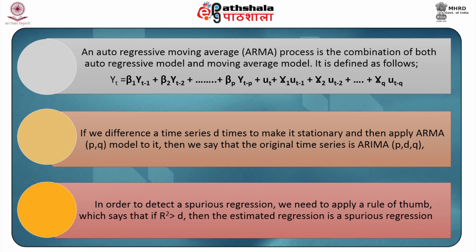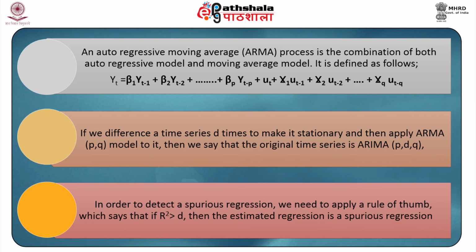Now, if you look at the random walk process, we have also explained how it can be expressed in the form of yt minus yt minus 1 equal to mu t, which is nothing but the first difference of the earlier equation. This therefore implies that delta yt is equal to mu t. This is what we have learned. And therefore, we can say that delta yt is basically a white noise, because mu t is white noise, therefore, delta yt is also white noise.